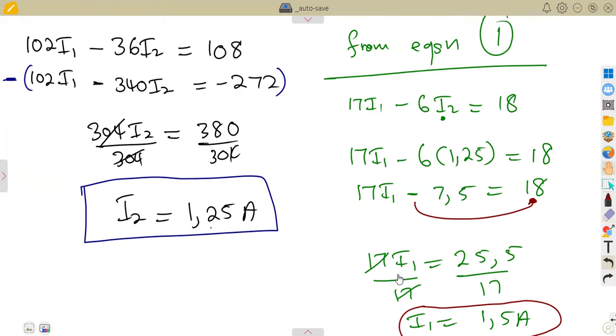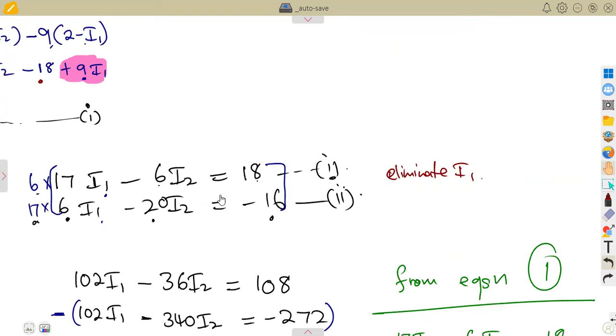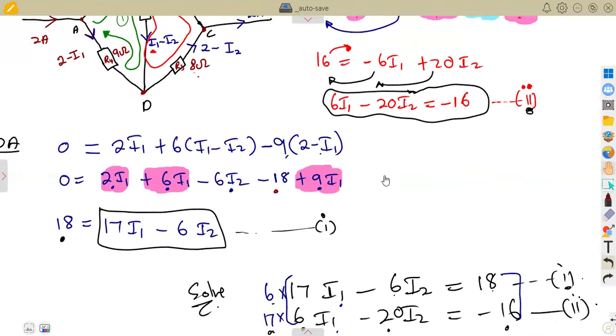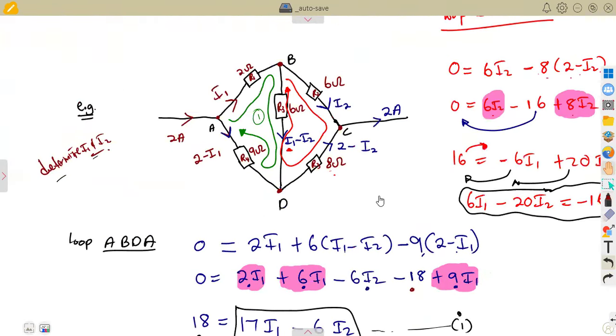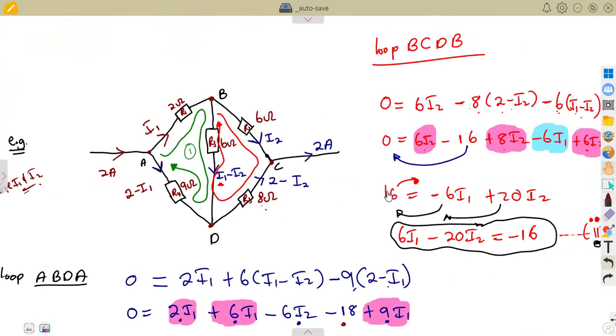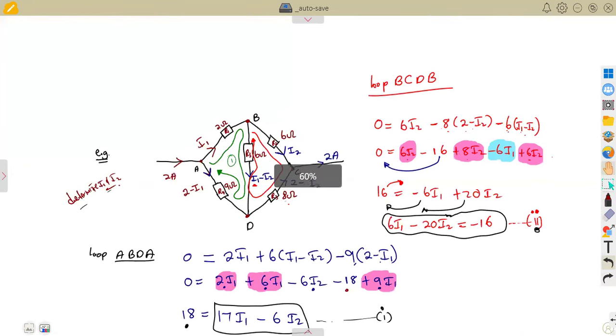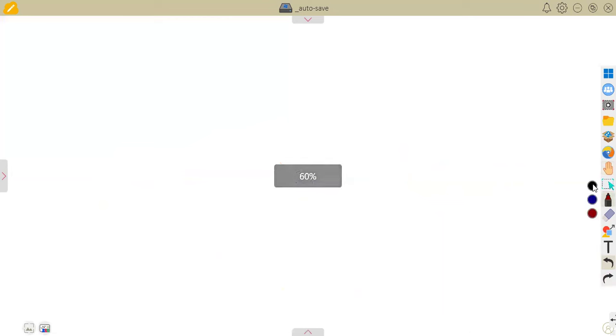So we have got current 1 and current 2 according to the circuit that we are given. Like I said, you formulate these equations according to the loop that you choose, unless you are given a certain situation where they want you to work with a certain loop.